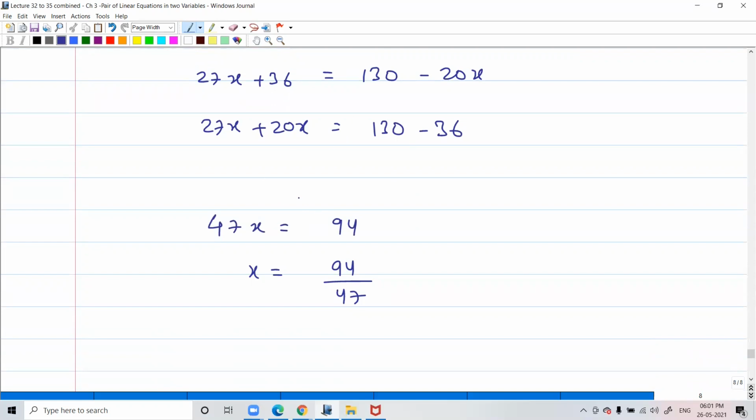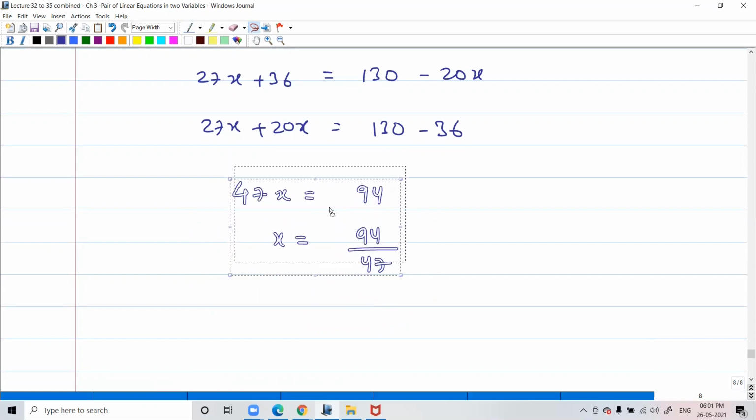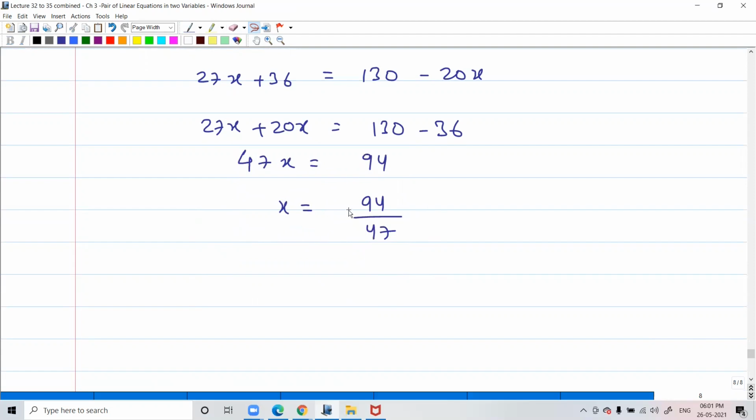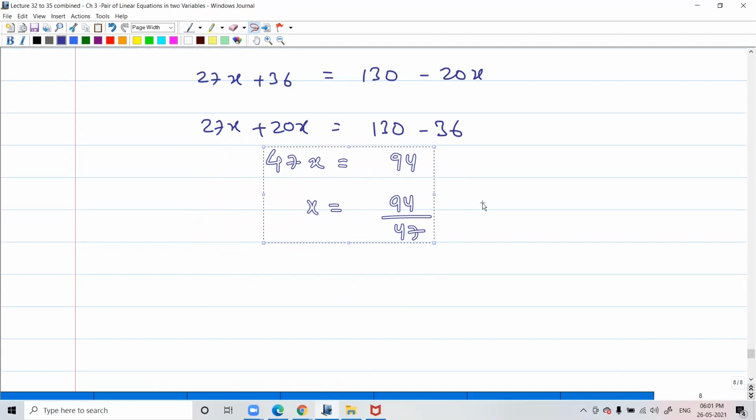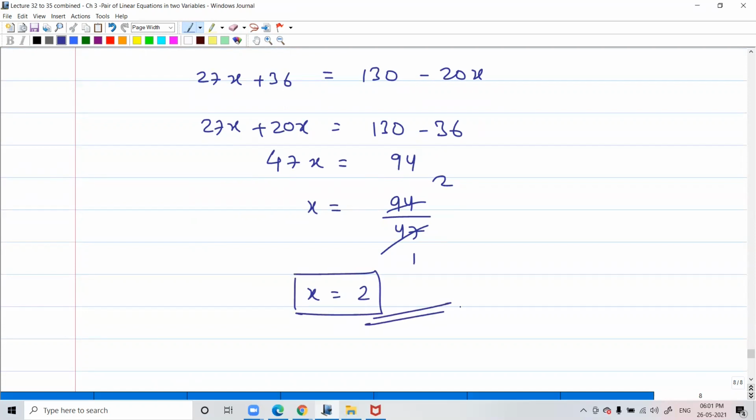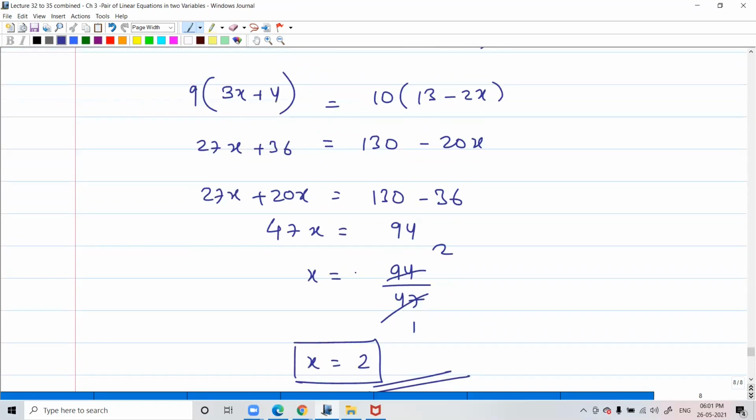So that is what I wrote. 47x is equal to 94. So what is the x value now? Tell me. 2. Yes. 2. Cancel 2 times. Now we know the x value.